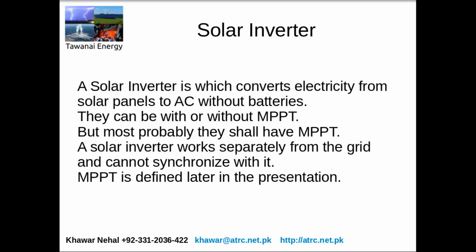There's another thing called MPPT, which is maximum power point tracking, which a solar inverter is most probably going to do. You could have some solar inverters which do not, but the chances of having them are lower. And a solar inverter does not synchronize its AC output to the grid.